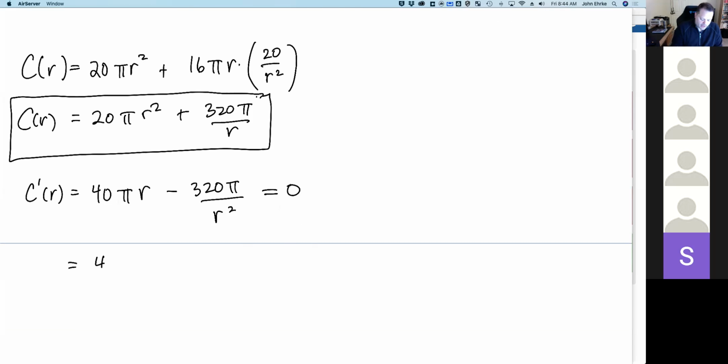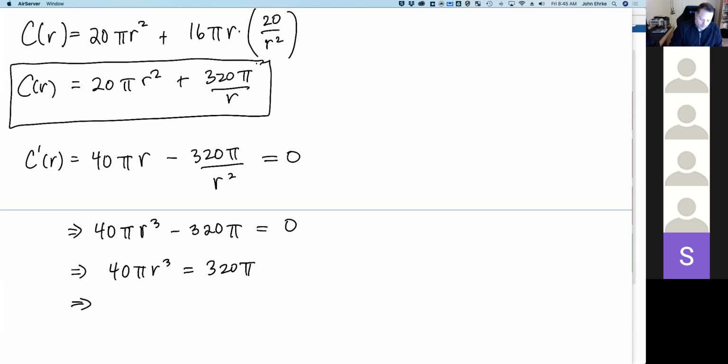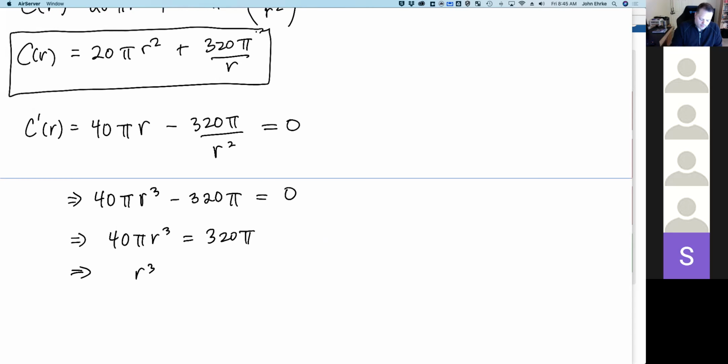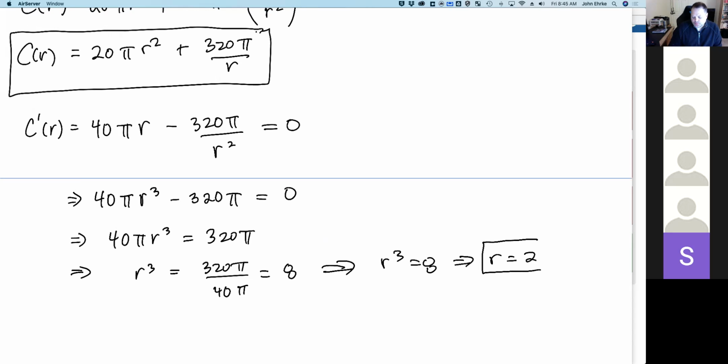So if you multiply through by r squared, this is 40 pi r cubed minus 320 pi equals 0, or 40 pi r cubed equals 320 pi, or r cubed is 320 pi divided by 40 pi, which is 8. So r cubed is 8, which means r is 2. So we know that our radius is 2.